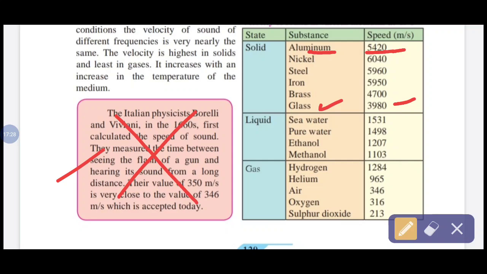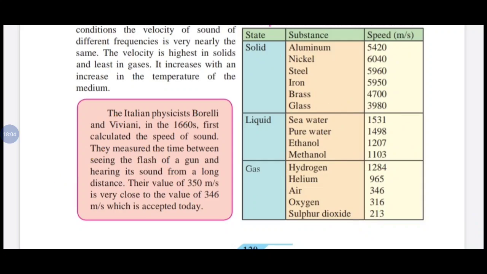In case of liquid, maximum velocity is given in seawater, and in methanol, which is also one of the liquids, it is a minimum. Next, in gaseous state, speed of sound is a maximum in hydrogen, that is 1284 meter per second, and minimum in sulfur dioxide, that is only 213 meter per second. So velocity of sound is a maximum in solid and least in gases. Next.